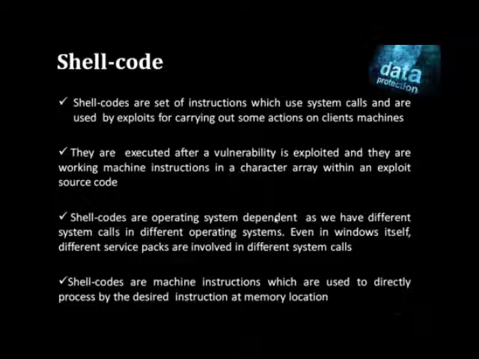They are operating system dependent, as we have different system calls in different operating systems. Even in Windows itself, different service packs involve different system calls. Shellcodes are machine instructions which are used to directly process the desired instruction at a memory location.